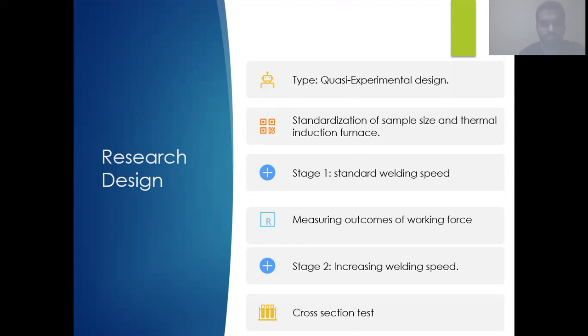The first stage was using the common rotational and welding speed, then analyzing the results, and for stage 2, increasing welding speed during the process to measure the highest welding speed that can be reached. After that, a cross-section test was applied to analyze the material's mechanical characteristics.